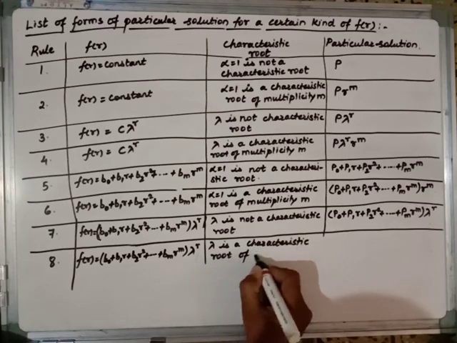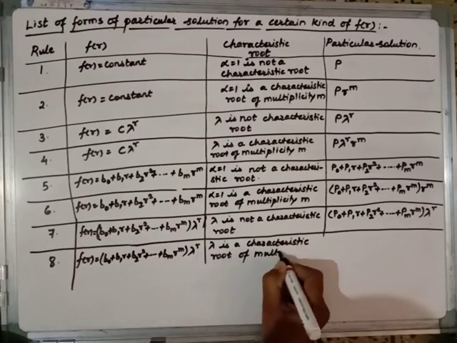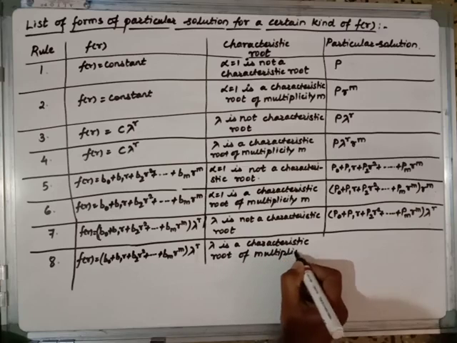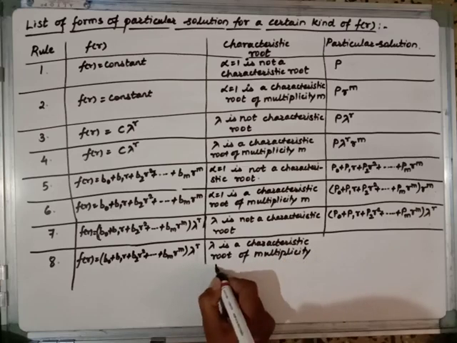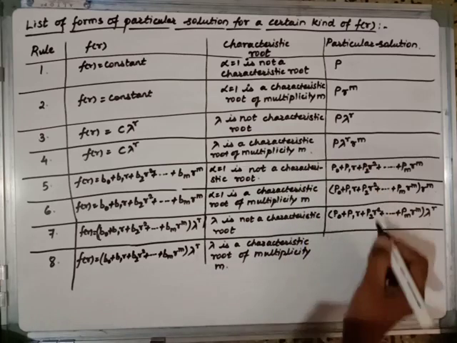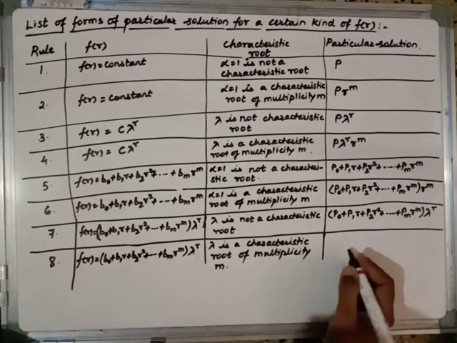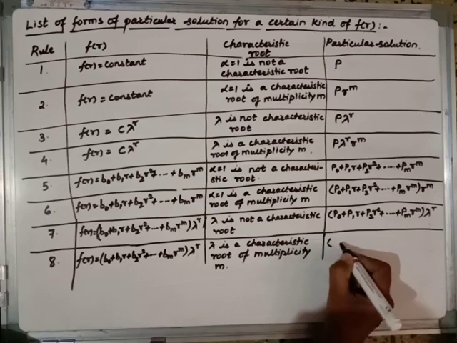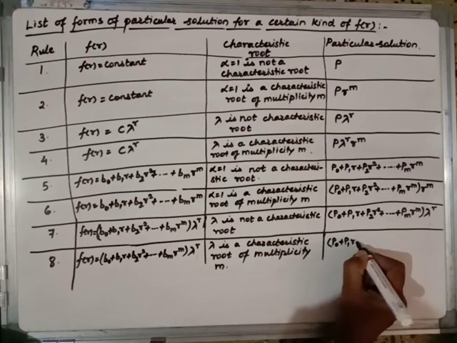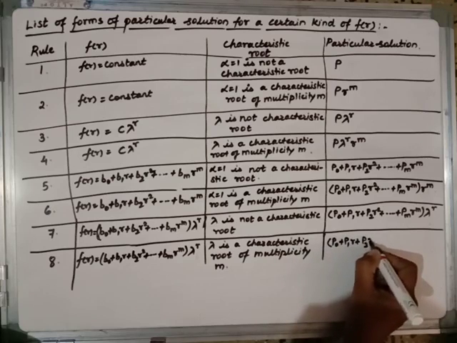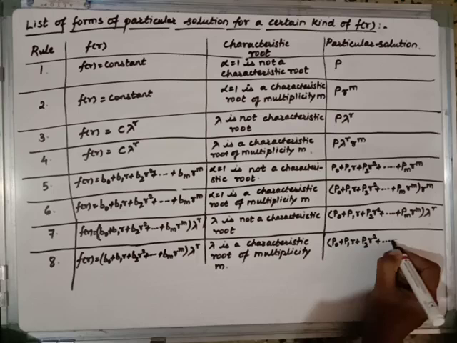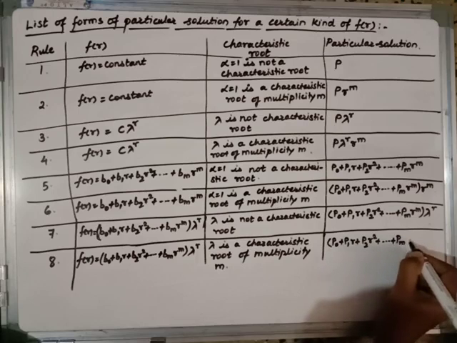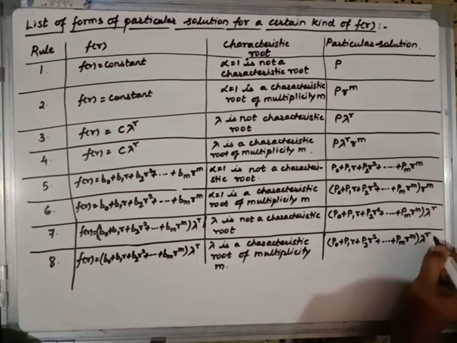So, what will be the particular solution in that case? The particular solution will be p0 plus p1 r plus p2 r square plus so on up to pm r raised to m, into lambda raised to r into r raised to m.